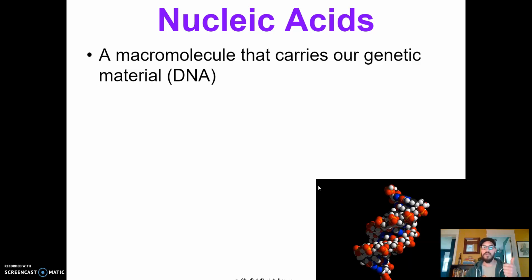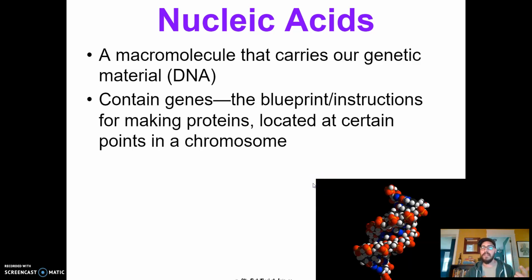So if you remember, those are protein, fat, carbohydrates, and then the last one that they never list is nucleic acids. So it is a nucleic acid, which is a type of macromolecule that contains our genetic material. All right. Embedded in that molecule are really important sections that we call genes. These are the parts that have the instructions for making one single protein. All a gene is a piece of DNA that says, hey, this is how you make a certain protein.